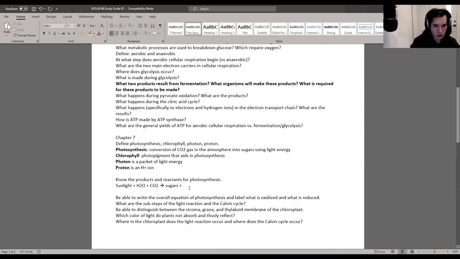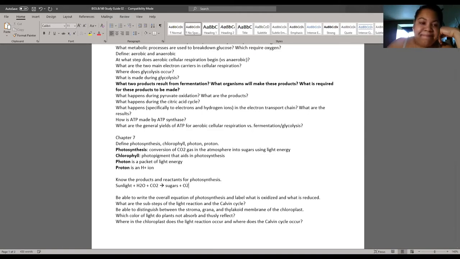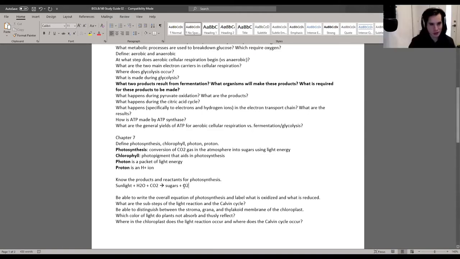Oxygen, plus O2. What plants will usually produce.